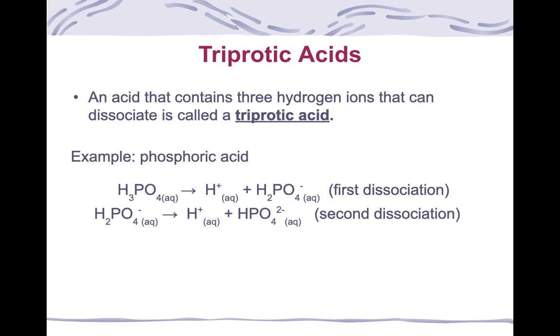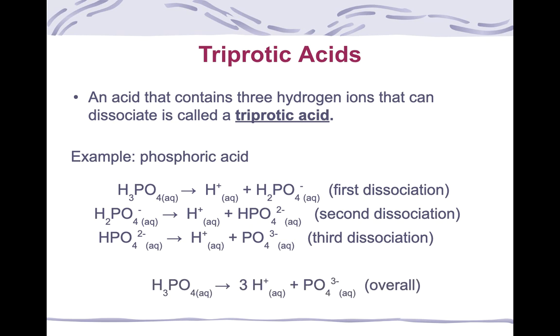And then another hydrogen dissociates from that. And then there's the hydrogen phosphate ion with one hydrogen. And so that dissociates. And then we get to just the phosphate ion with no hydrogens. And so overall, the phosphoric acid molecule has dissociated into three hydrogen ions and a phosphate.